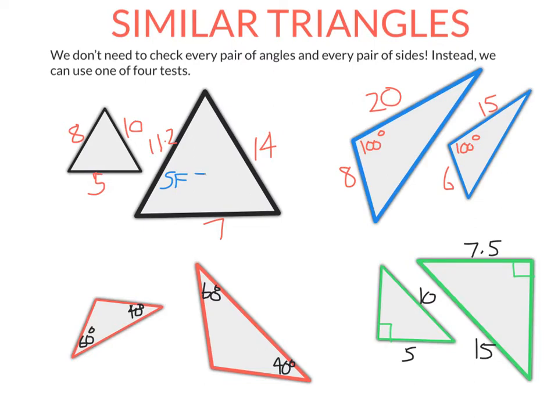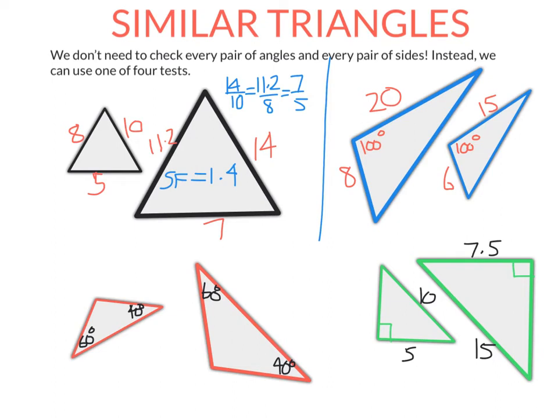So 14 divided by 10 is 1.4. But also 11.2 divided by 8 is 1.4. 7 divided by 5 is 1.4. So what's happening here, each side in the larger shape is 1.4 times its corresponding side in the smaller shape. So that means that the sides are in proportion.